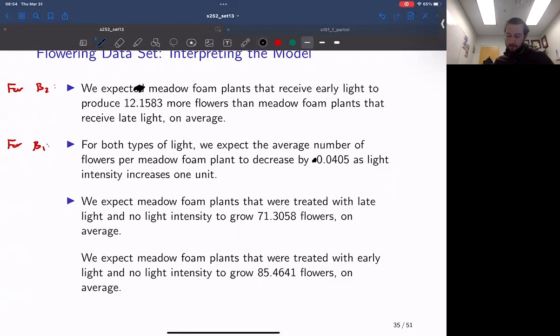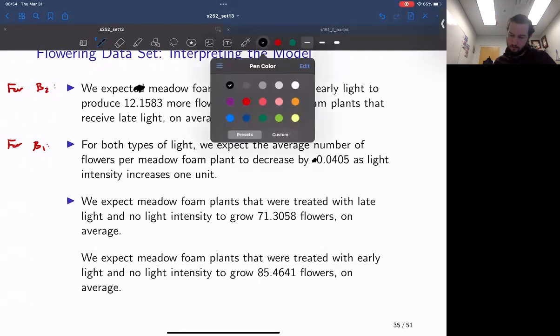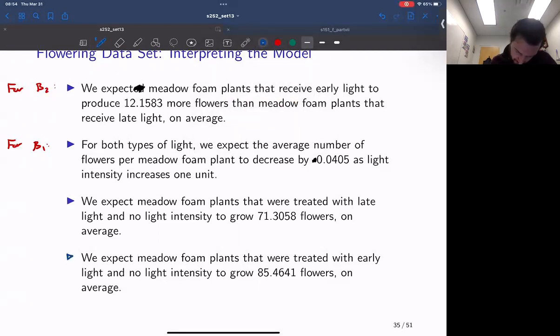Now the last 2 points are simply interpretations of the intercept values. This is beta 0 when x2 equals 0, and this is beta 0 when x2 equals 1.